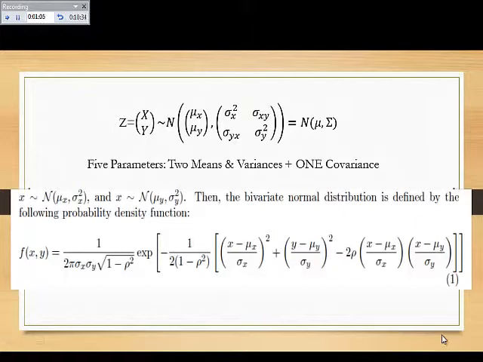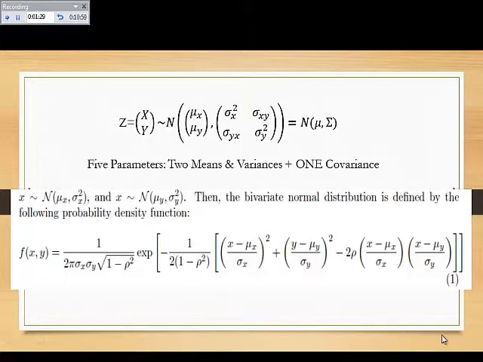So we have already studied in the last lecture the single univariate normal distribution. So x has mean mu x and variance sigma squared x. Y has mean mu y and variance sigma squared y. And there is one more parameter, sigma xy and sigma yx. These two are the same, so there are 5 parameters.